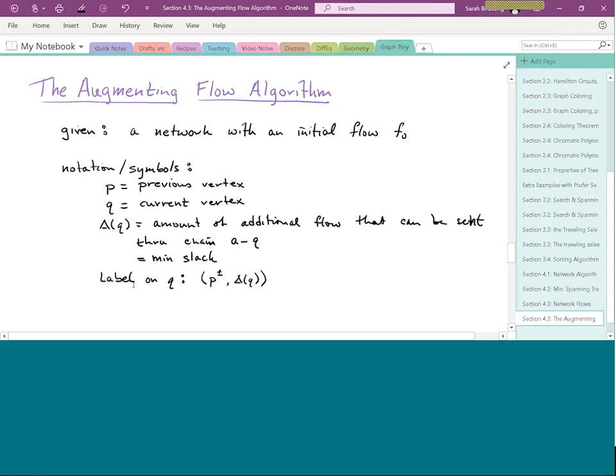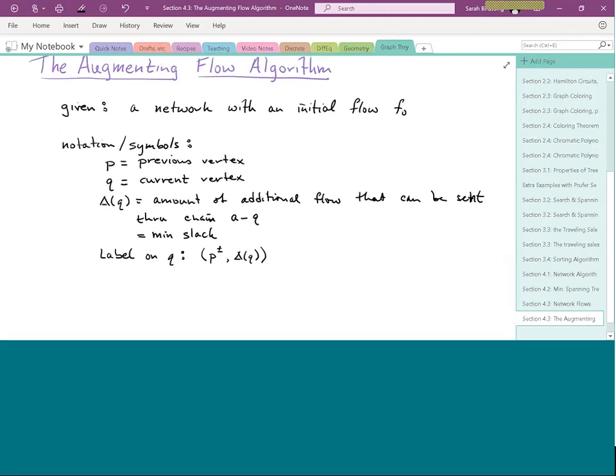Okay. Now the actual label that we're going to put on each of these vertices when we create their label has two components. The second component here is the amount of additional flow that we can push through the network up at least to that vertex. But the first one is telling you where you came from. So the P part tells you the previous vertex you were on. The plus or the minus tells you whether you followed a backwards or a forwards edge to get there.